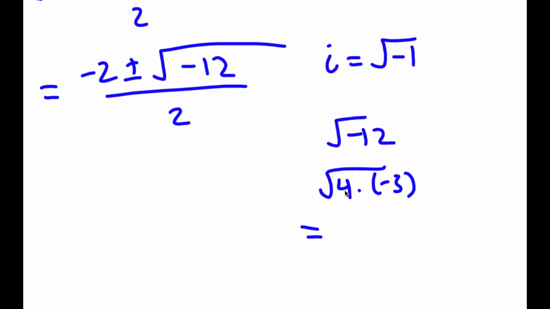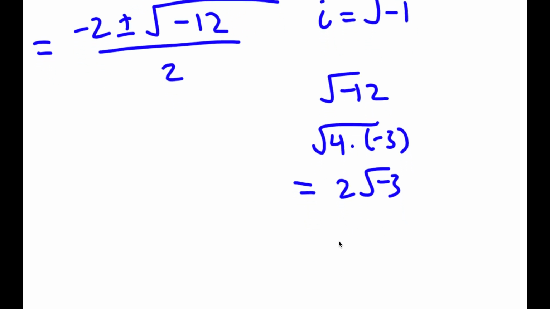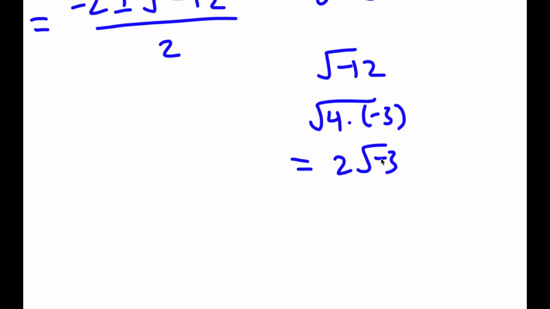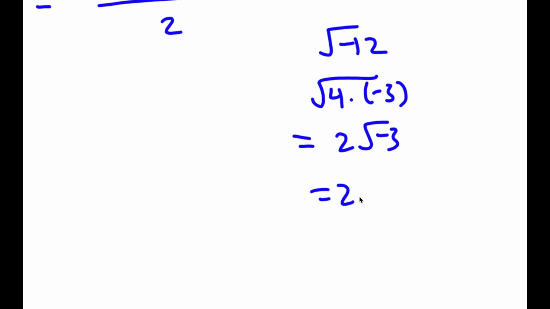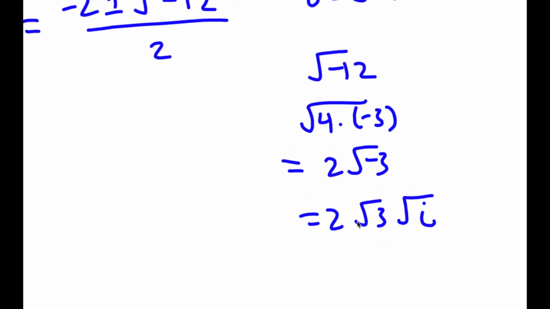And the square root of 4 is 2. So I have 2 times the square root of negative 3. Now remember how i was the square root of negative 1, so this was equal to 2 times the square root of 3 times i.